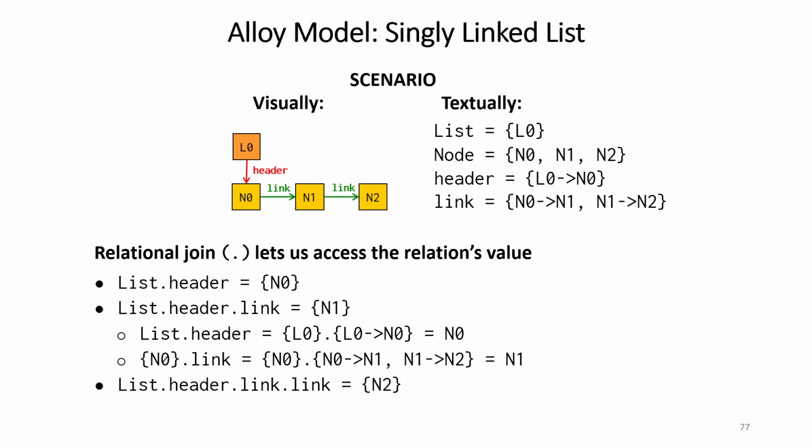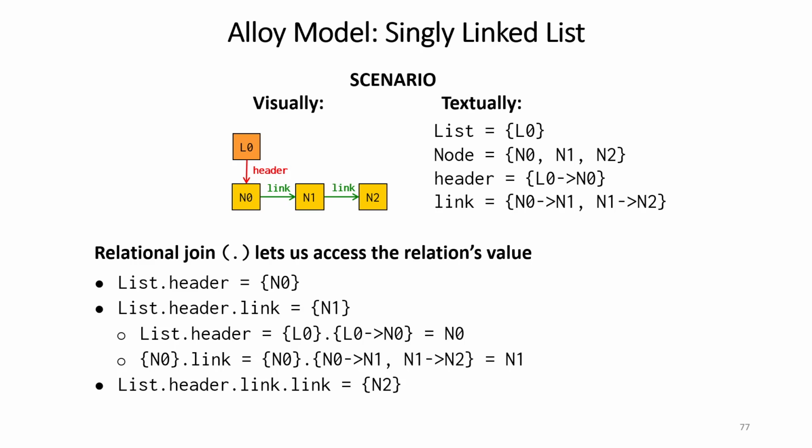Now, if we go from the list to the header and then to the link, now we basically do the same thing one by one. So we first join the list and the header, which gives us this N1. Now we have this N1, and we join it with a link. Now with this tuple, n1, n0, not compatible, not the same element. So we just empty this.